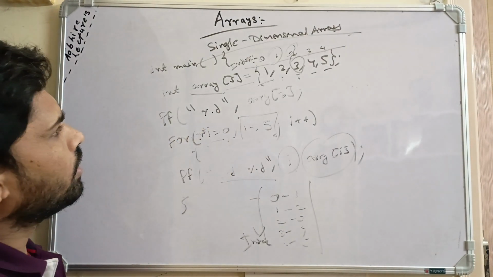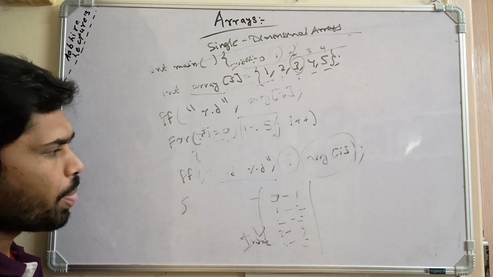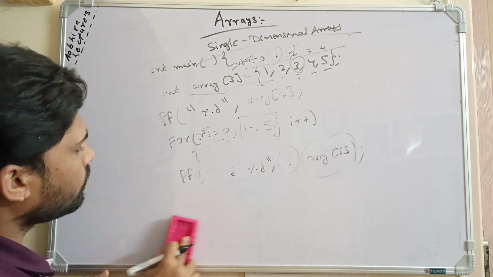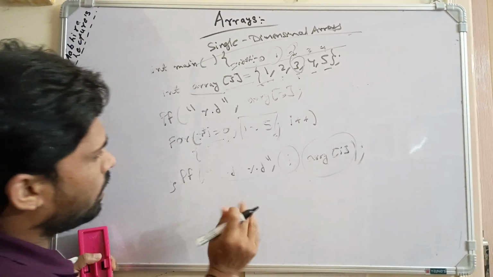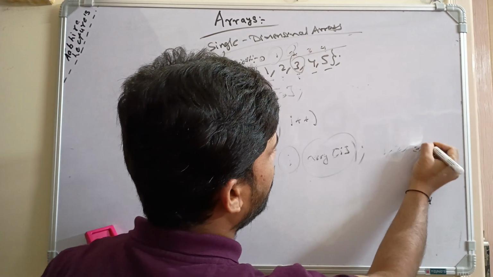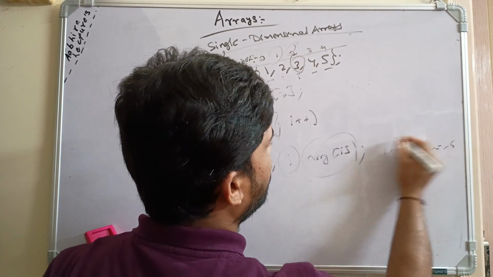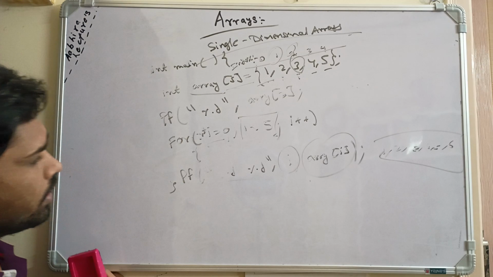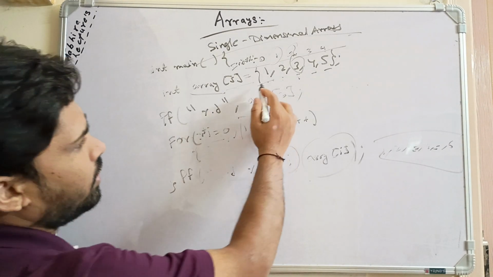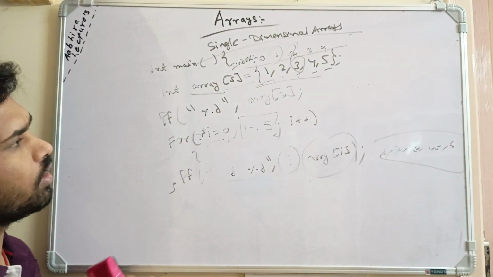See, one more thing I want to explain here. The output will become 1, 2, 3, 4, 5, 6, right? Correct. Suppose I want to modify, the value is already initialized, no issue.